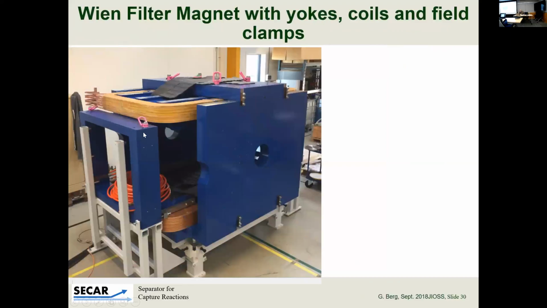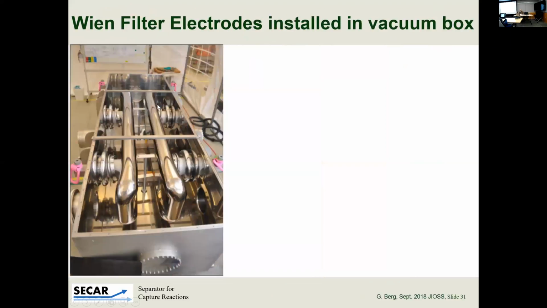So the field clamp looks like this, and it will be on rails so that you can adjust it. The inside is not yet put in here. From this photo, this is the marvel of the electrodes. So it fits into the Wien filter.